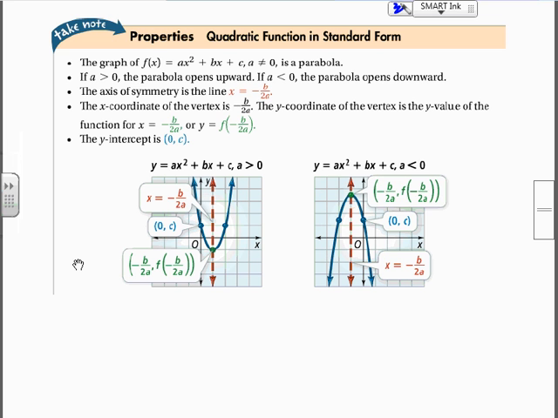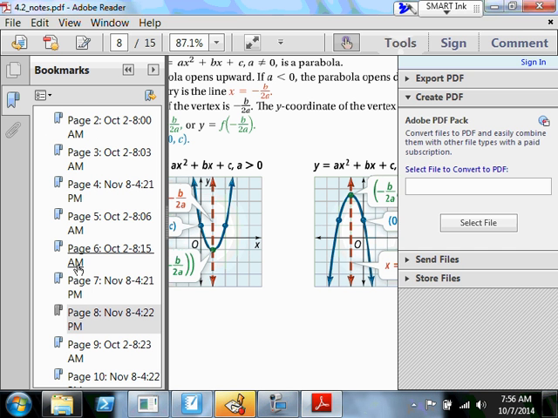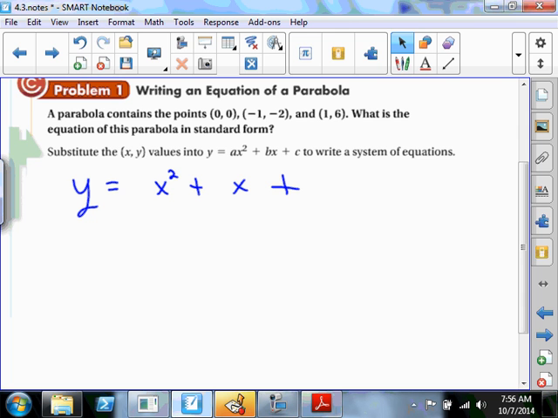There's our clue, the last bullet point under the properties. What's it say? The y-intercept is 0, c. So going back to the notes, we should know what, a or b or c here? We should know c, because the value of x is 0 right here.